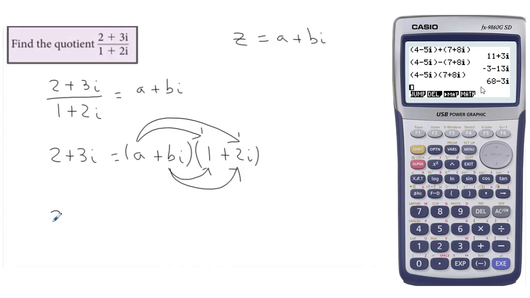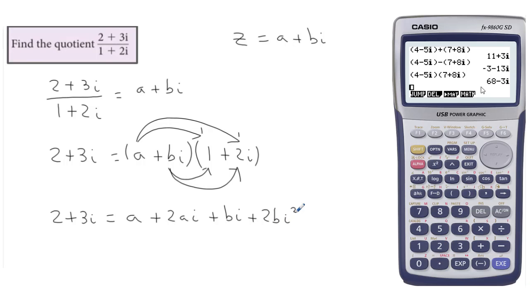So 2 plus 3i equals, a times 1 is just a, then a times 2i is plus 2ai, then bi times 1 is plus bi, and then bi times 2i is plus 2bi squared.